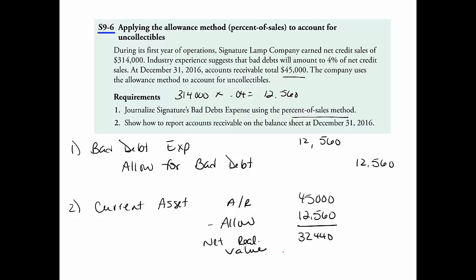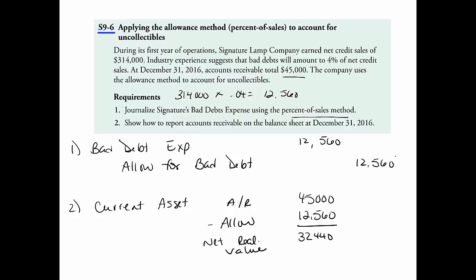Now, we credit allowance for bad debt when we estimate it, right? When we come up with this estimate. And then when we identify specific accounts, we debit that account. Which means at the end of the year, unless you wrote off exactly what you expected, you're going to have some balance hanging around in that account, either a debit or a credit, depending on whether you over or underestimated.